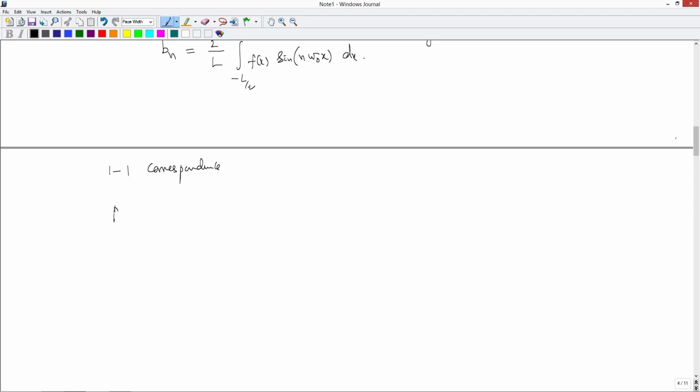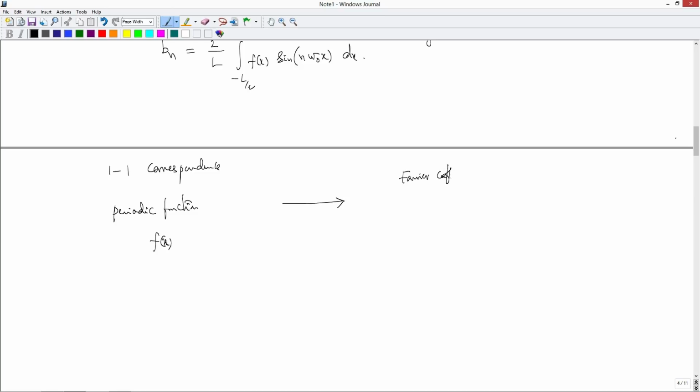You have a periodic function f(x), the time signal, and on this side, given f(x), what you get is Fourier coefficients.